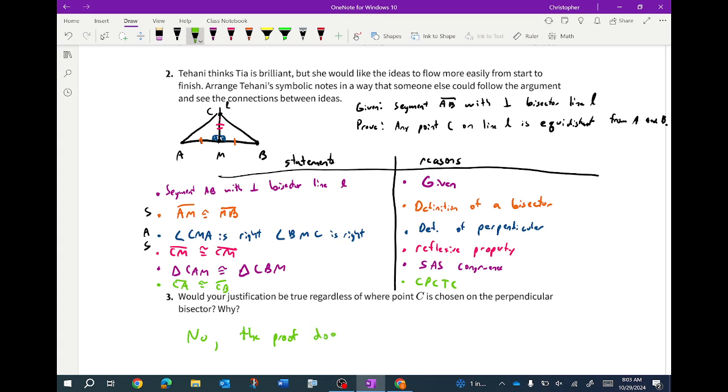So the proof does not need to specify where point C is.